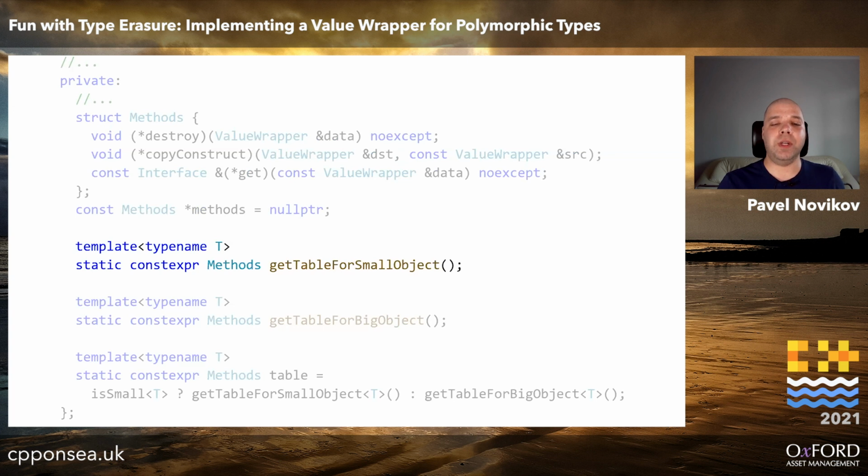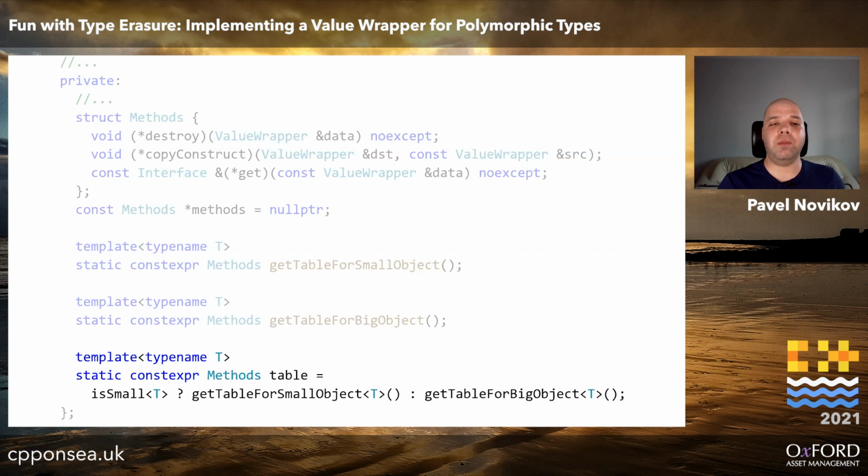And here we have a static function which provides for us the method function table for small objects, and also a static function that provides us with a function table for big objects.